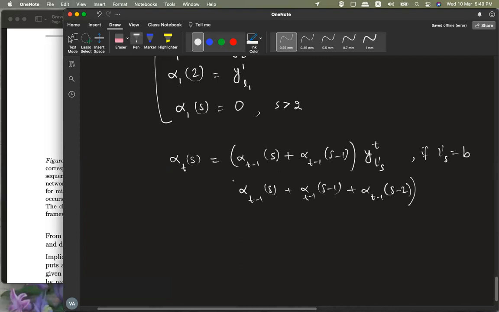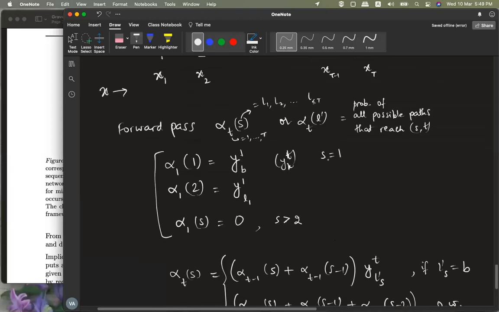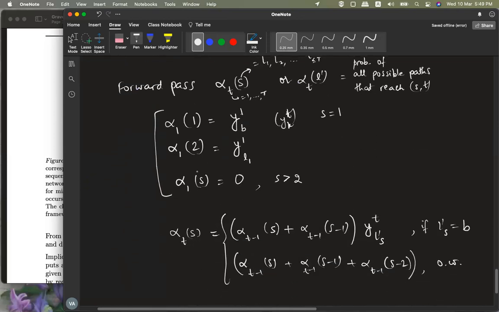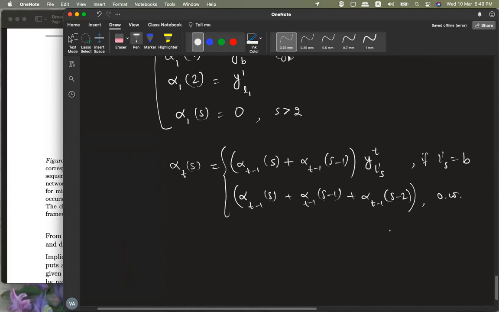I can come from any of those states. If my L dash S is a blank, then I cannot skip a phoneme. That is why only two transitions are possible, either from the previous blank or from the same phoneme. But if it is a genuine phoneme, then it can come from the same phoneme, the previous blank, or the previous phoneme. Right? A very simple rule we have written like this.